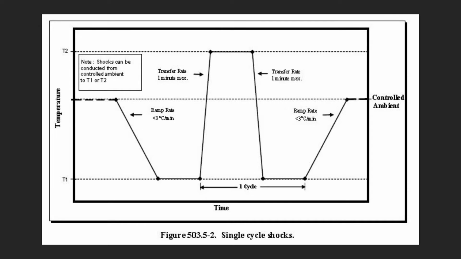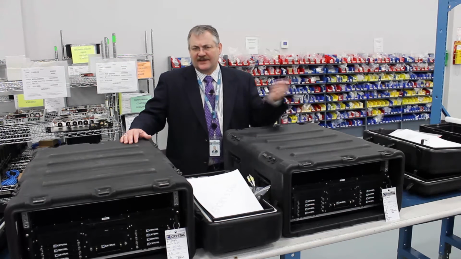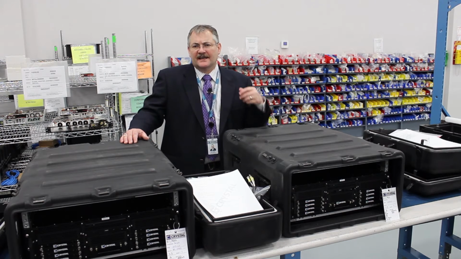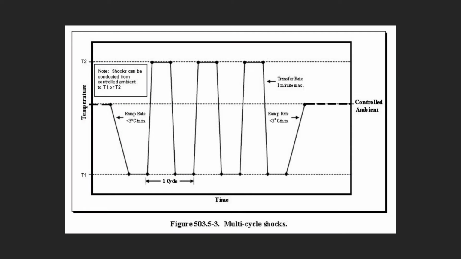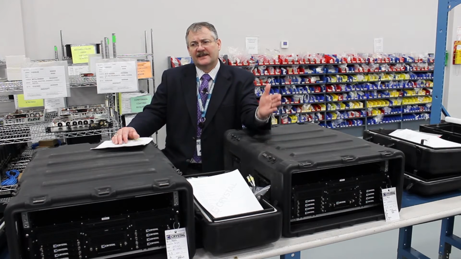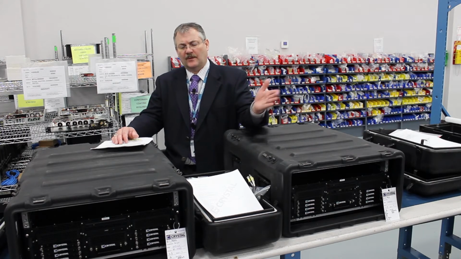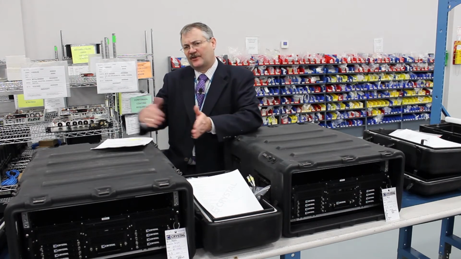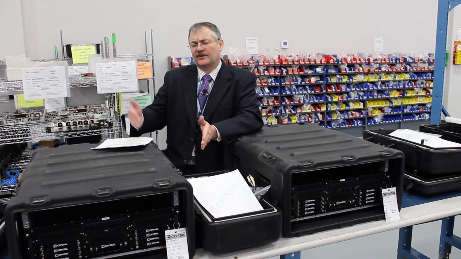B is a full cycle, so you go hot to cold and then cold to hot again, or vice versa. And then C is really multiple cycles, so the spec recommends at least 3, but you can do more than that. In D, the testing is done to more extreme levels, but it's again multiple shocks.